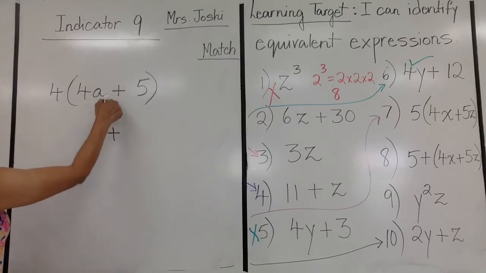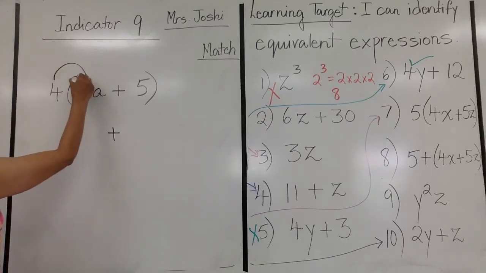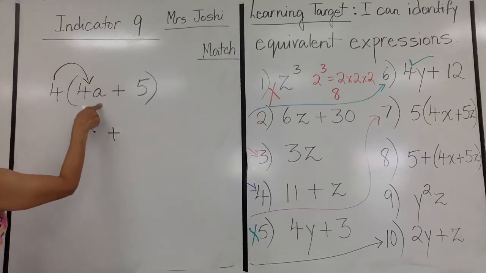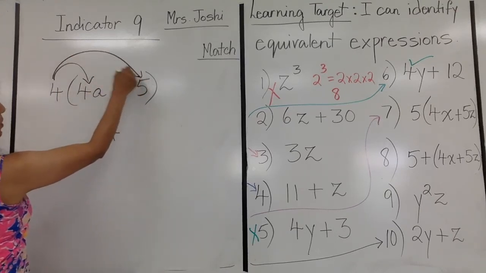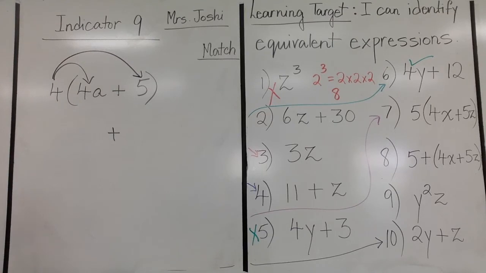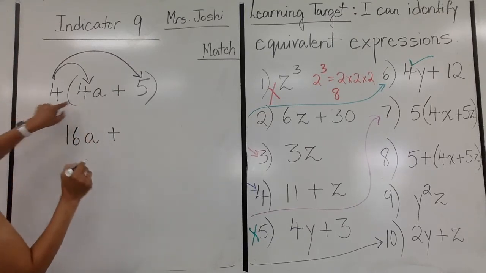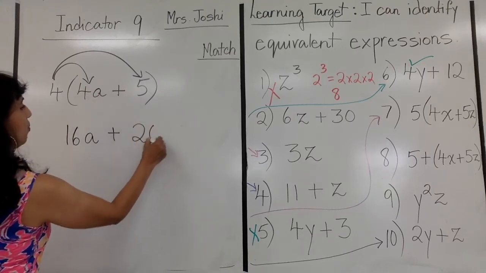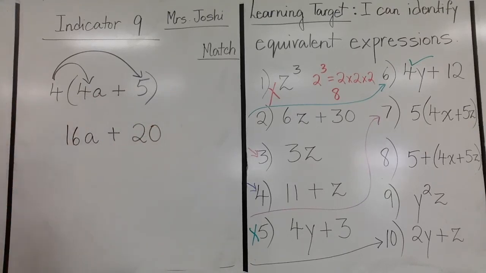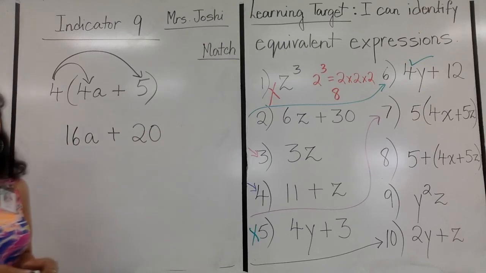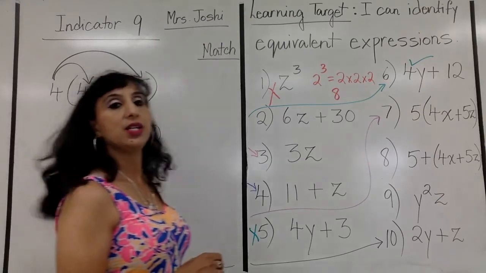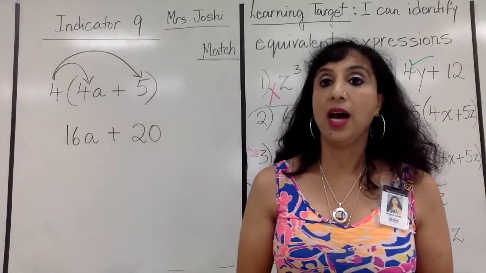So I know there's addition going on here. I bring that down and I multiply with 4a and I multiply with 5. So 4 times 4 is 16a and 4 times 5 is 20. This is how I multiply using the distributive property.